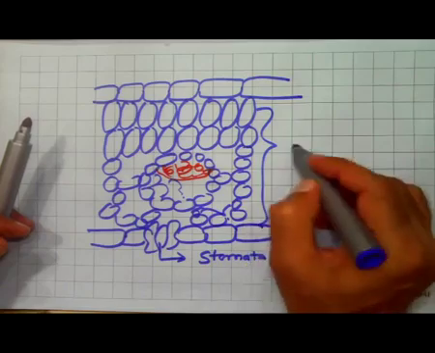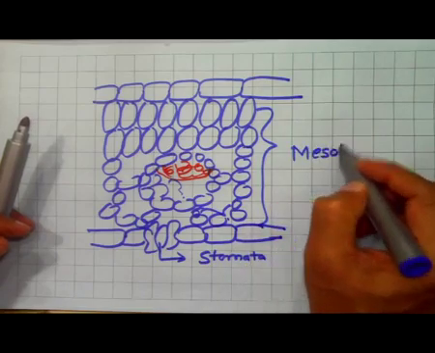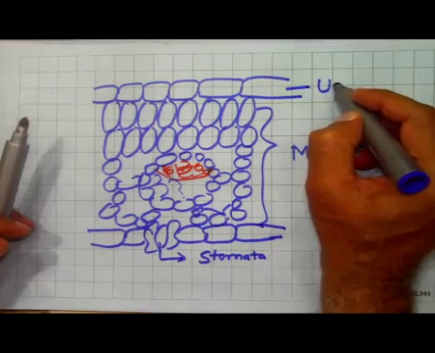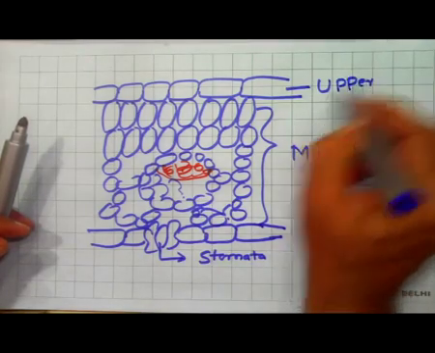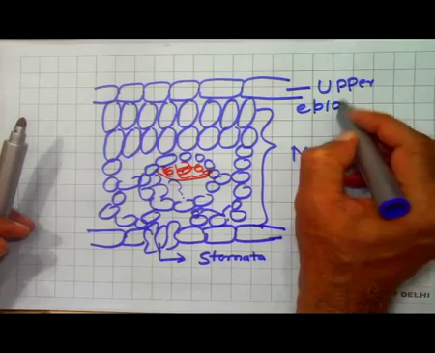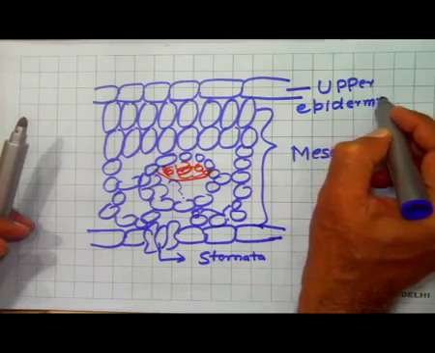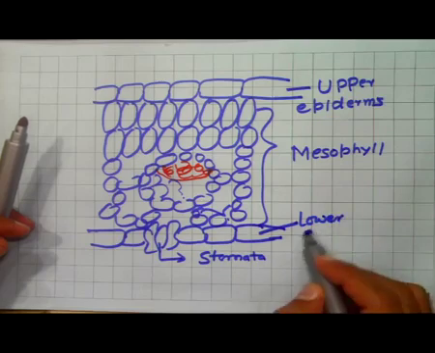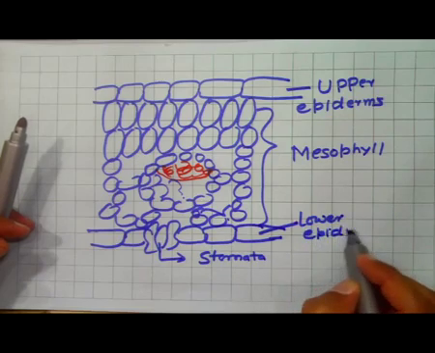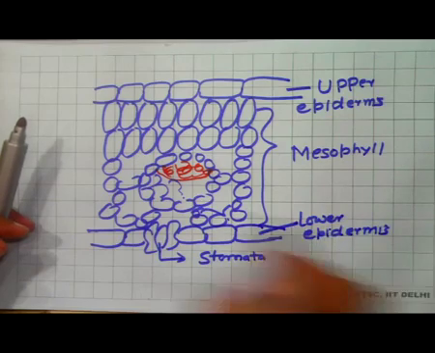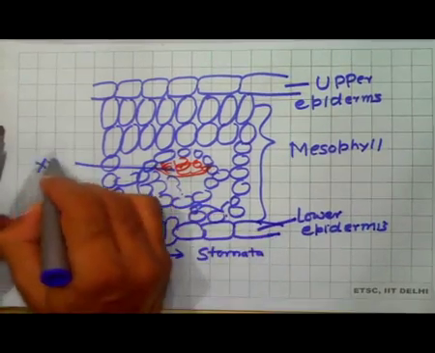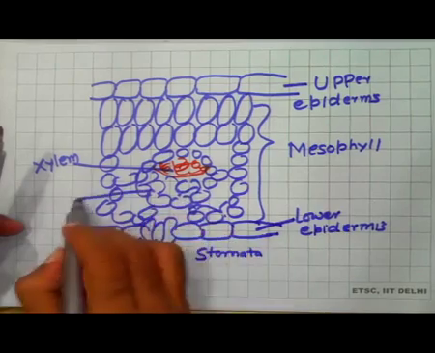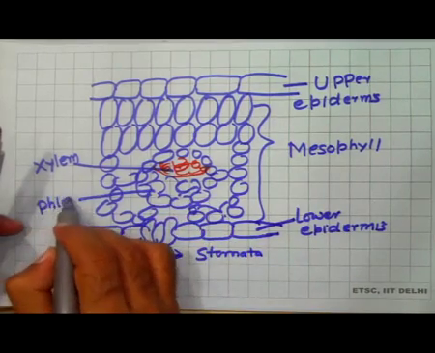This one is called mesophyll, this one upper epidermis, this one lower epidermis, this one xylem, and this one phloem.